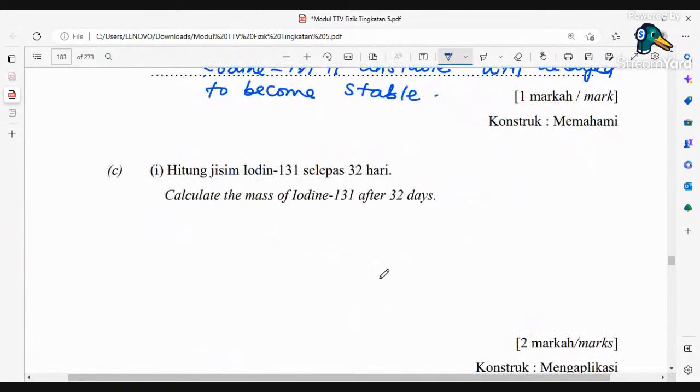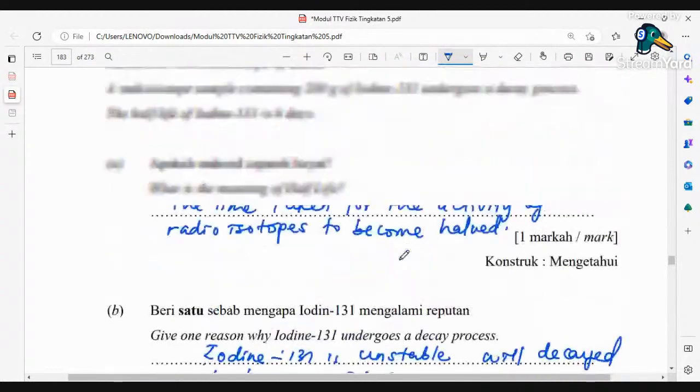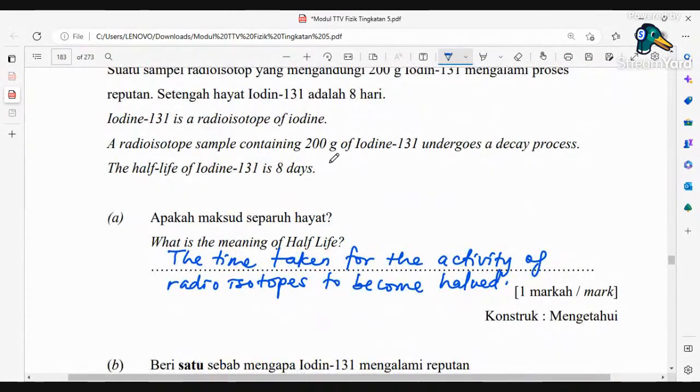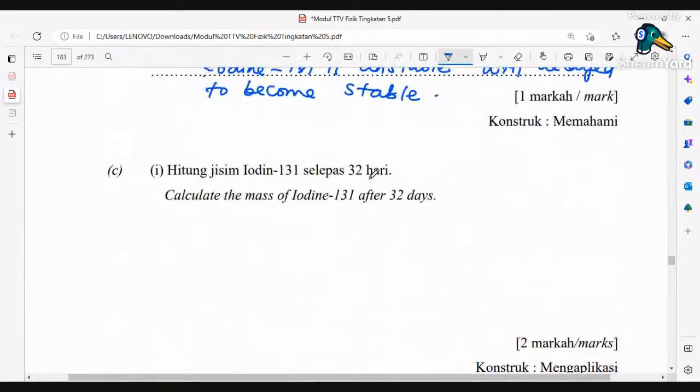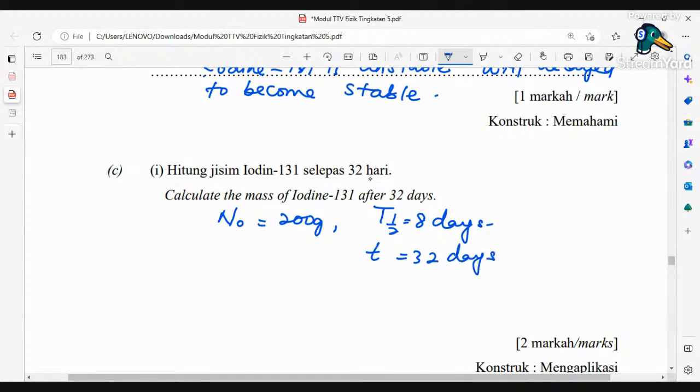Calculate mass of iodine after 32 days. Initial mass is 200 gram. Half-life 8 days. Okay. For time taken 32 days, the number of half-life is 32 divided by 8, means 4 half-life.